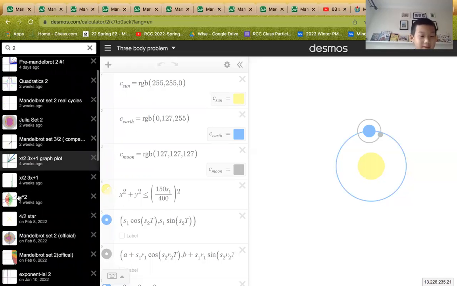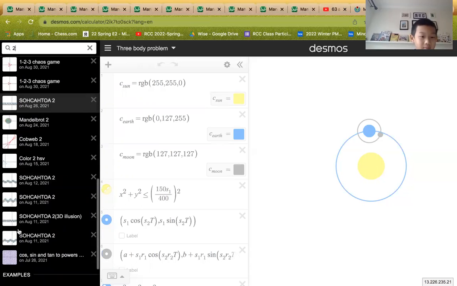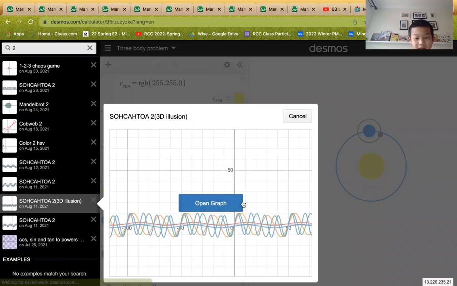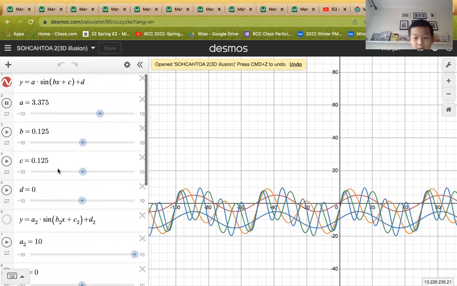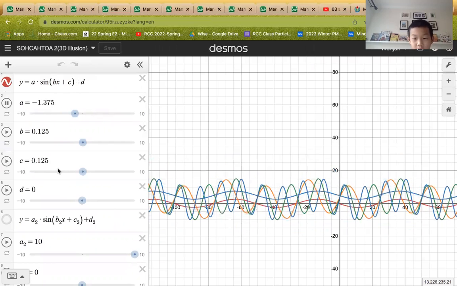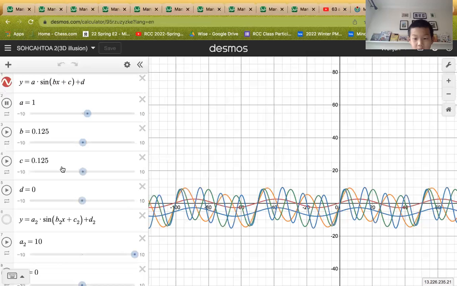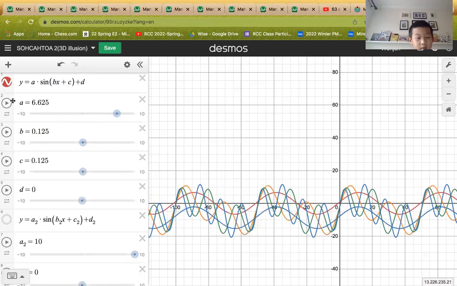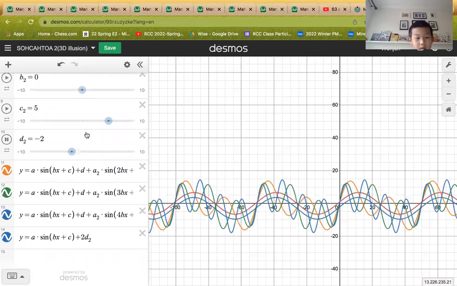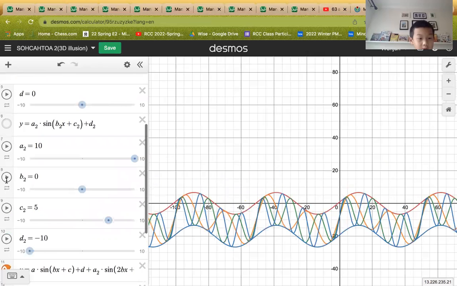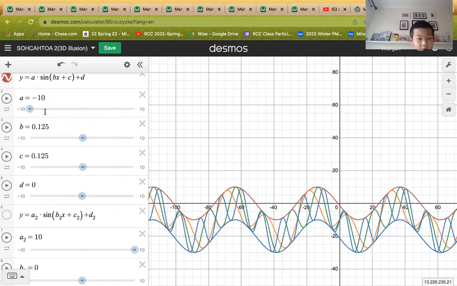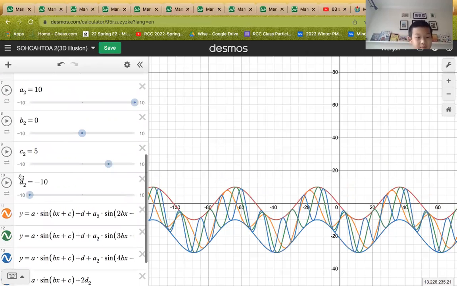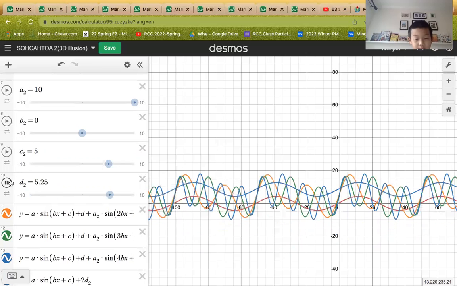Why do I have so many things that have 2 on them? Definitely like 3D.